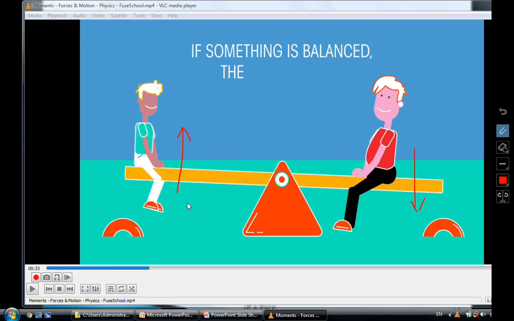Okay, and we have another thing to consider here. The first one is the weight. There are two things to consider in this figure: the weight of each one, and the distance from the pivot until the center of the force. This is a force because there is a weight, the force of weight. And then the distance from here up to here.